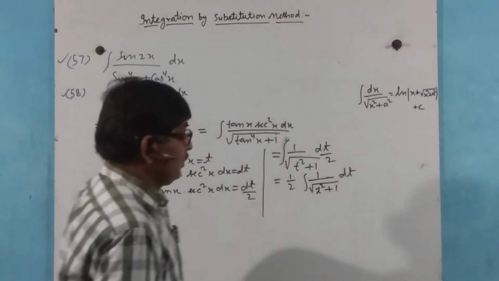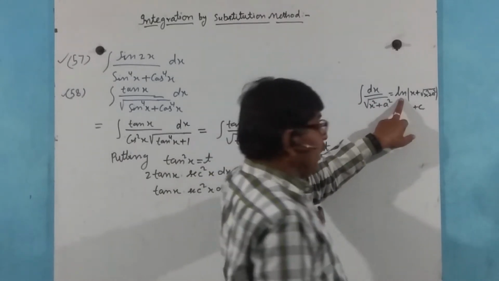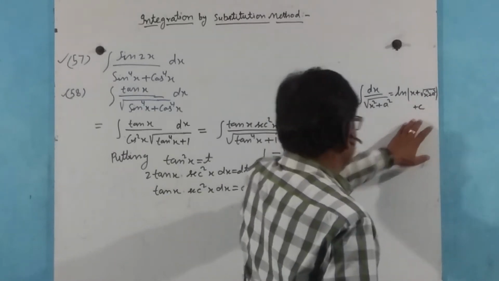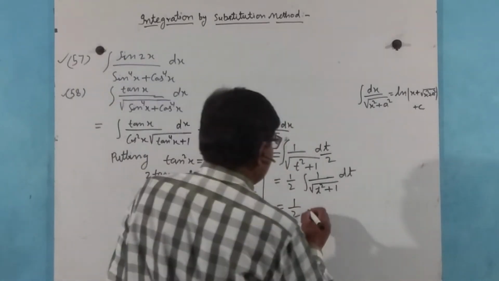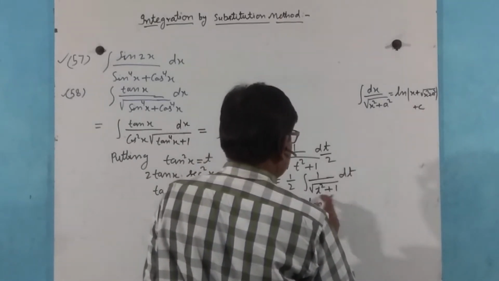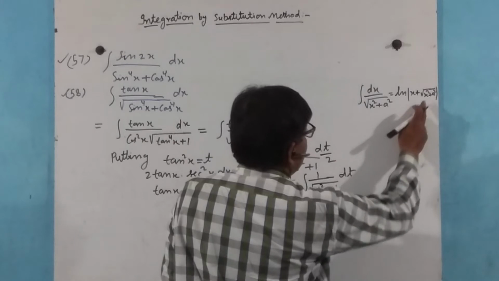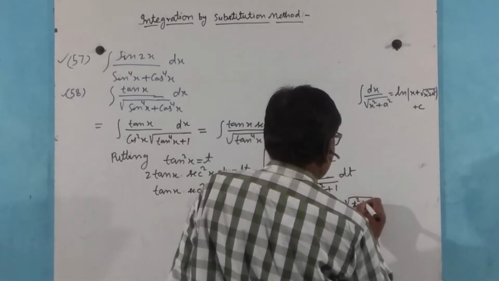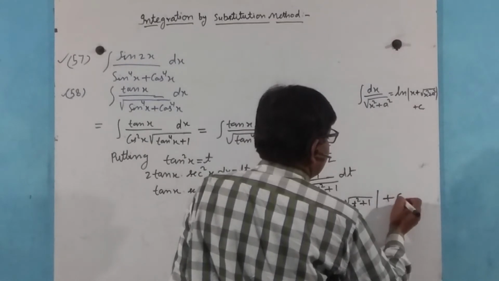As you know, the integration of dx over under root x square plus a square is equal to ln of x plus under root x square plus a square, plus integrating constant c. Similarly, this will be 1 by 2 ln of t plus under root t square plus 1, mod of this, plus integrating constant c.